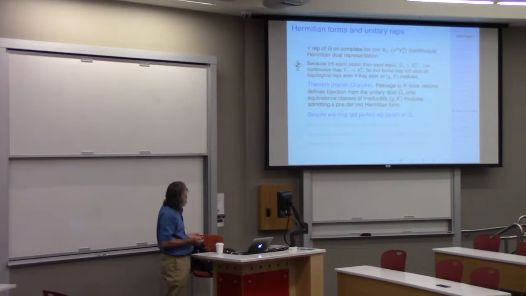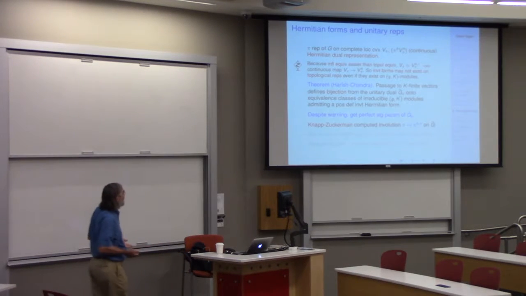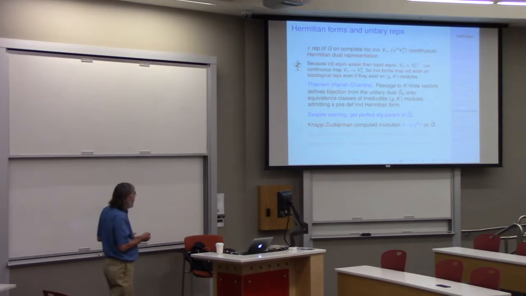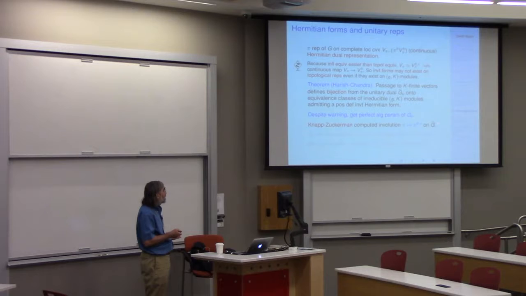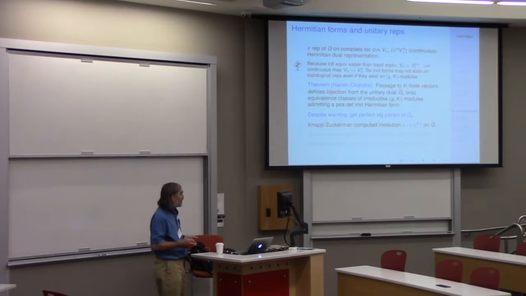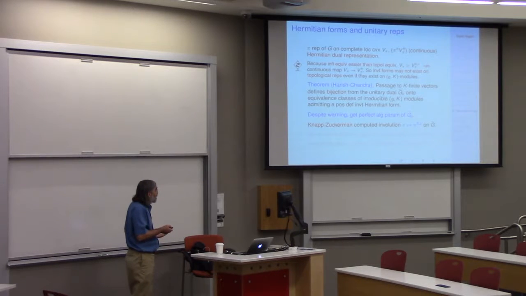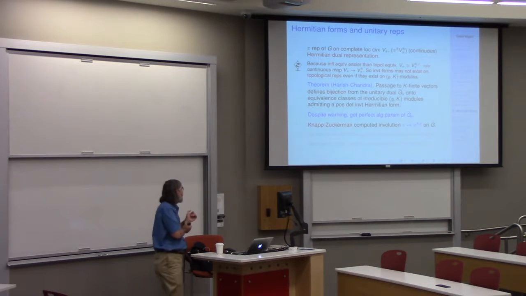If we find those, the plan, the slide says, Knapp and Zuckerman: we've been talking about parameterization of irreducible Harish-Chandra modules, these Atlas parameters, and taking the Hermitian dual. I haven't talked about the C, but never mind.